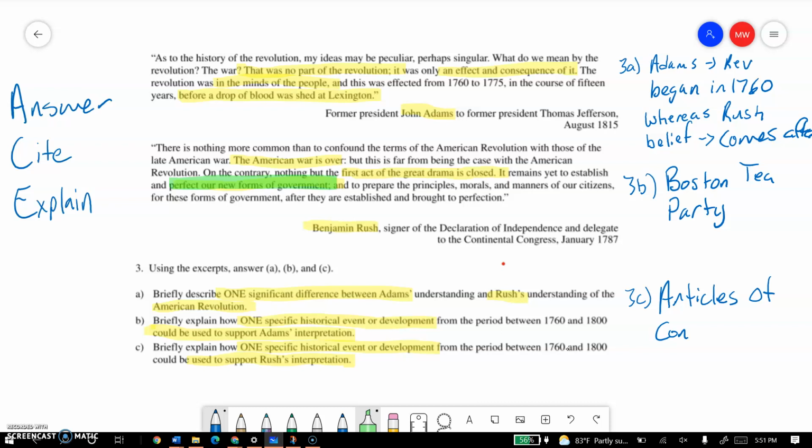So in response to that, the Articles were scrapped, and the Constitution that we all know and love was put into effect. So I hope you can see how by citing these two very specific sources, we can link them to the statements that John Adams and Benjamin Rush are making to support their claim that the revolution either began before or began after the actual Revolutionary War.